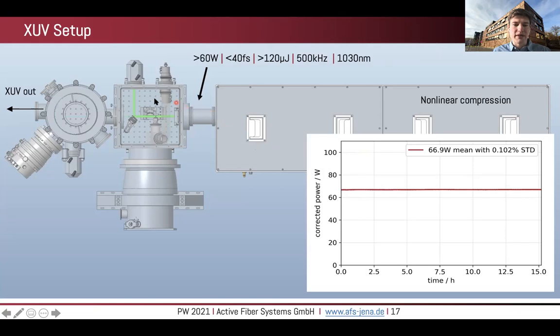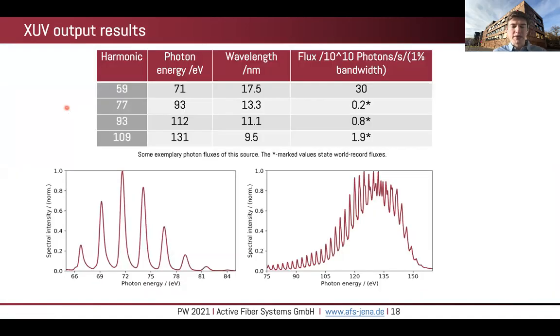So these short pulses are then focused into a gas jet, which is placed here. Then we have a separation chamber, and finally the XUV output is sent towards the actual experiment. As I have said already, this source has been optimized mostly for around 70 eV and 90 eV.